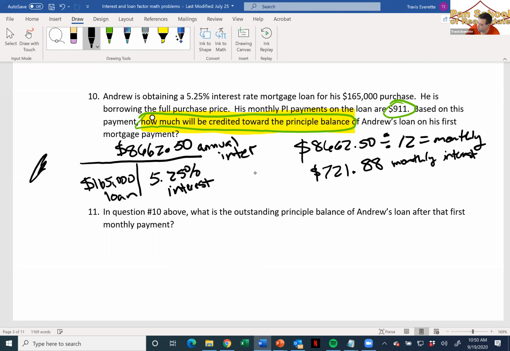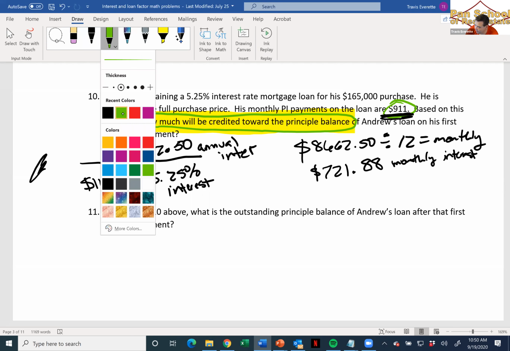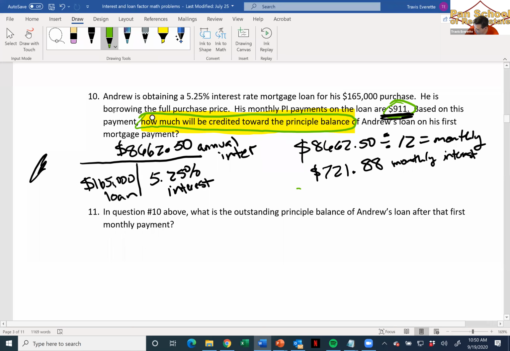How much did I say we were paying? $9.11. So of that $9.11, we now know that $7.21 and 88 cents is getting skimmed off the top for interest.